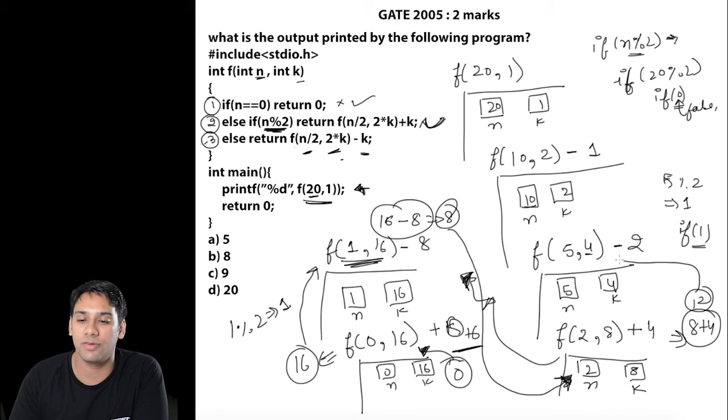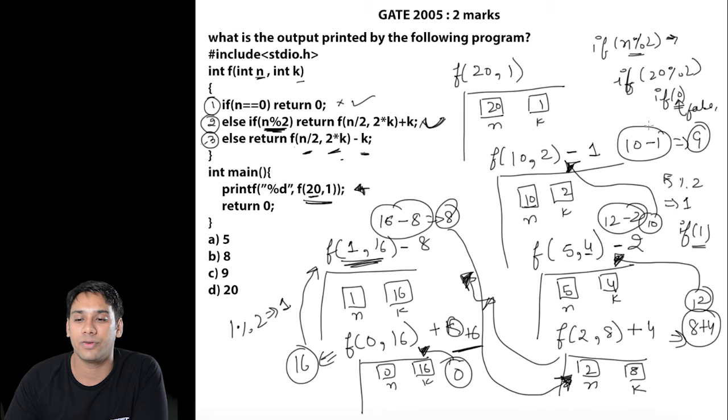This 12 is passed on, and it gives 12 minus 2, which is 10. This 10 is passed on, and it gives 10 minus 1, which is 9. Therefore this 9 value is passed to the final call, so the output is 9 and it is going to print 9. Therefore option C is correct. Now let us see more programs.